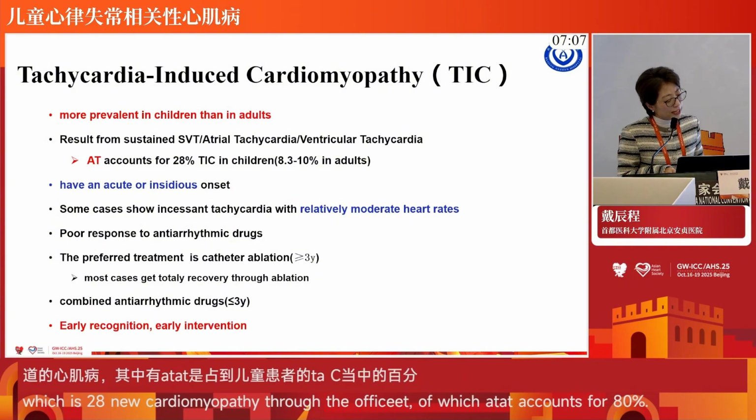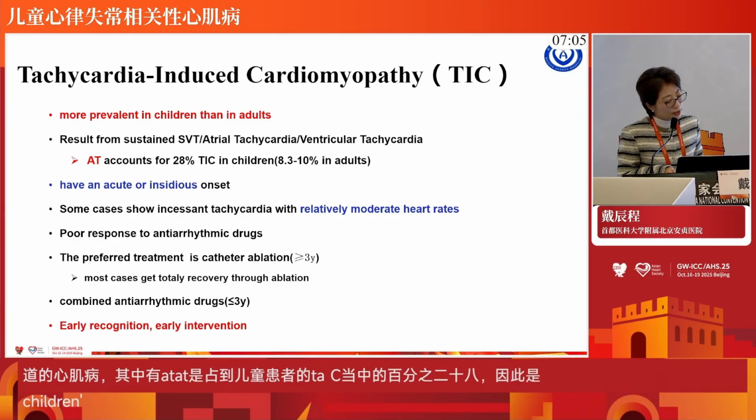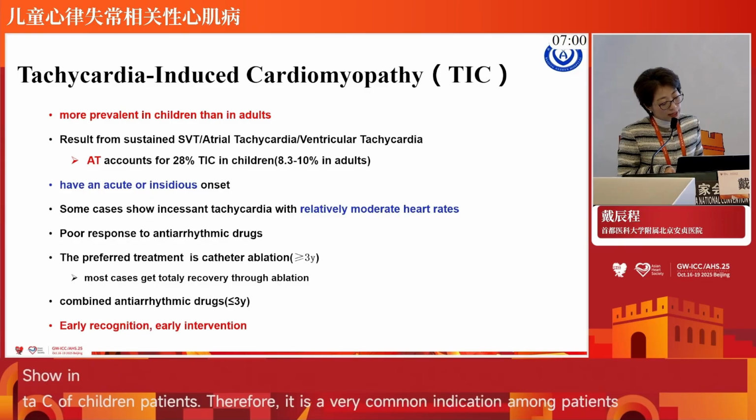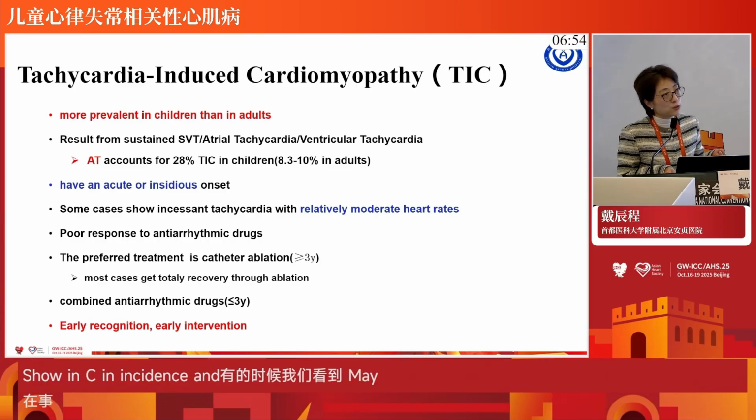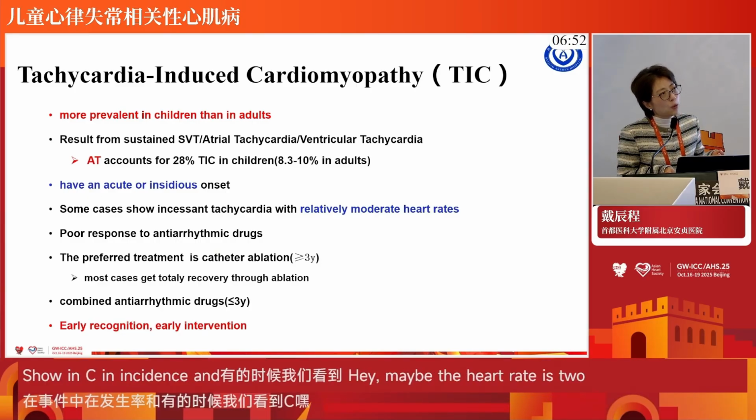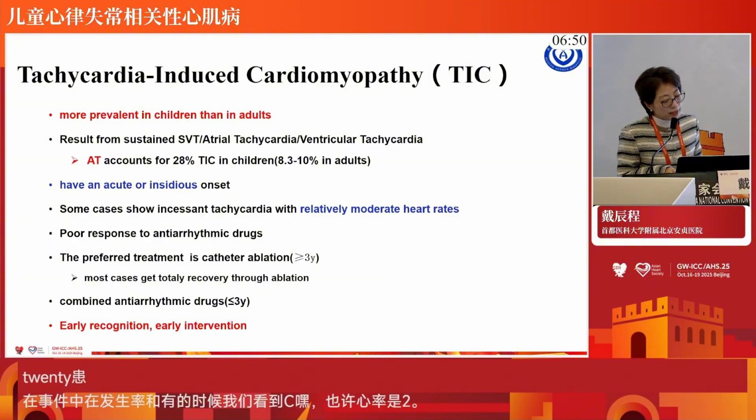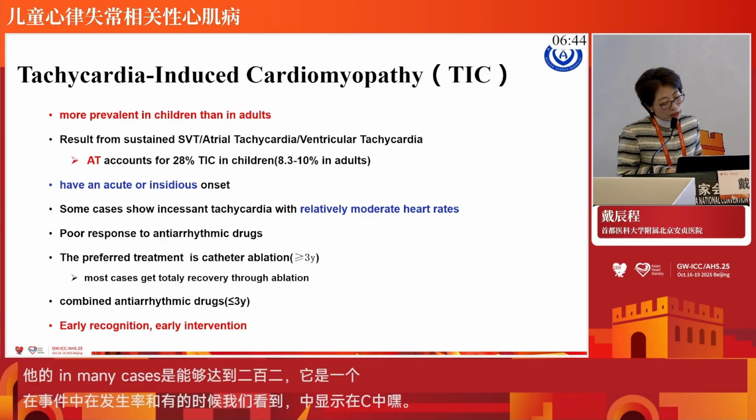TIC has an acute or insidious onset. Some cases show incessant tachycardia with relatively moderate heart rates. In this case, maybe the heart rate is 220, but normally, in many cases, they are not very fast. Such tachycardia has a poor response to anti-arrhythmic drugs.